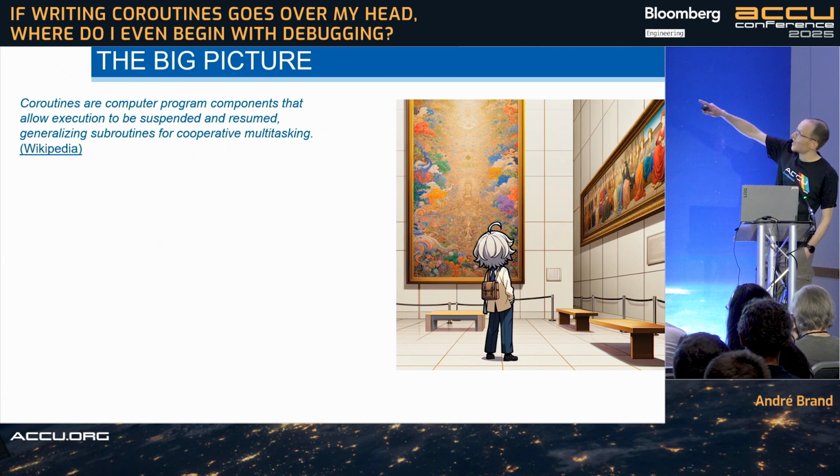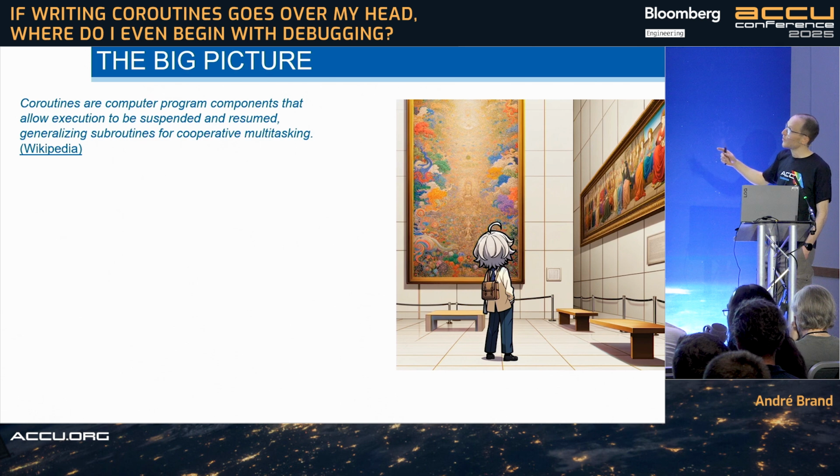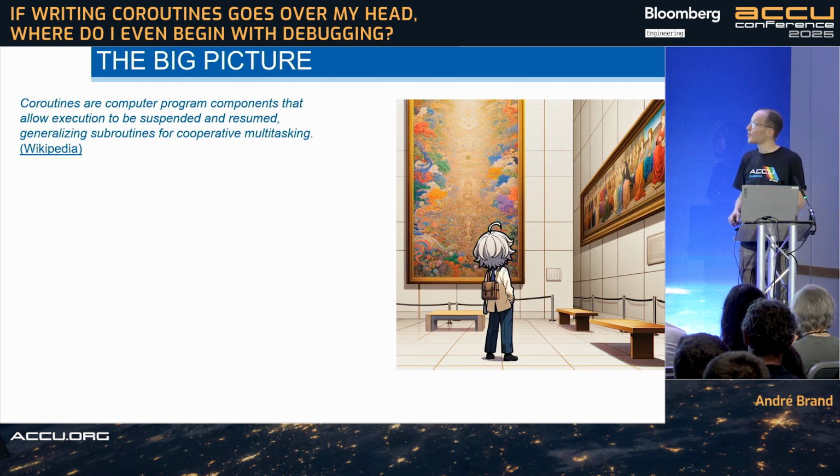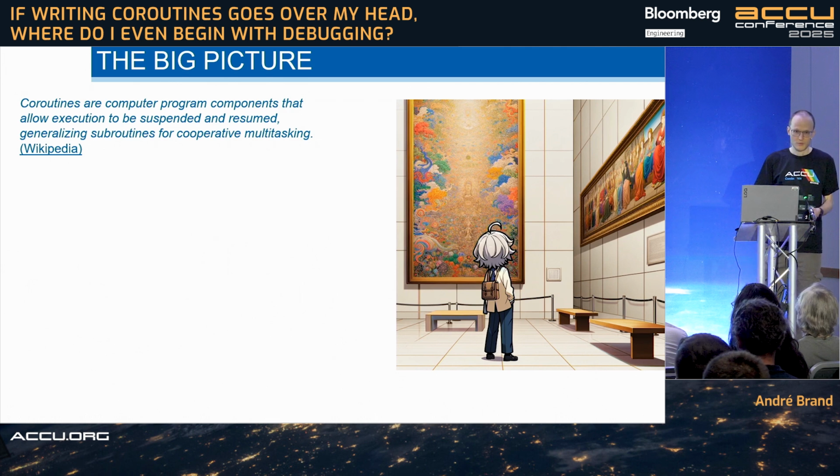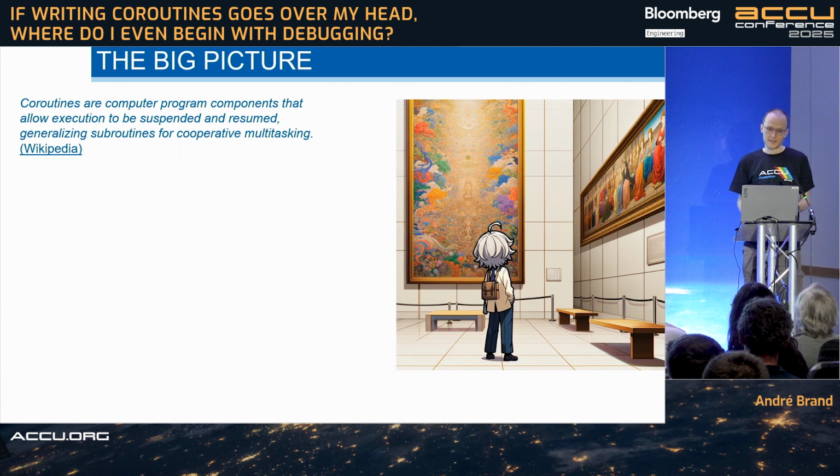One is the hard requirement to be suspended and resumed, and the other clarifies the intent for when to use them: generalizing subroutines for cooperative multitasking. And to that end, coroutines have all these customization points to enable and facilitate that use case.